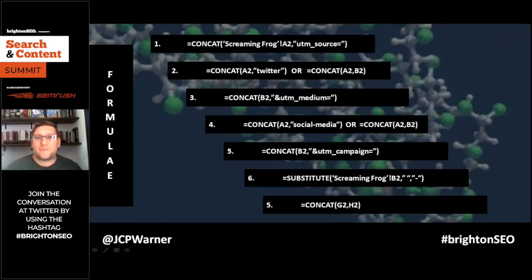So not the UTM source itself, but just the label UTM source. The second concatenate then adds the source. In the spreadsheet again, which I'll link to in the deck, I just have a little drop down where you can select your sources from, which will populate those boxes. But you can add each source as you go. So the second one just adds that.